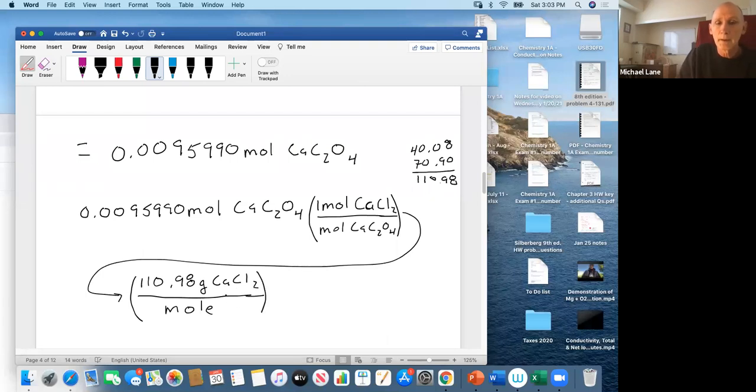So this tells us the number of grams of calcium chloride that must have been present in the very initial sample. Let me do that calculation right now.